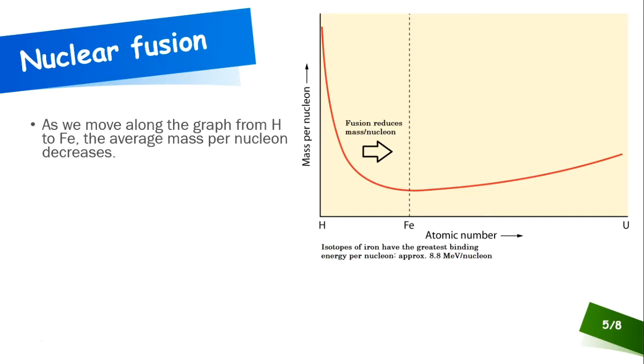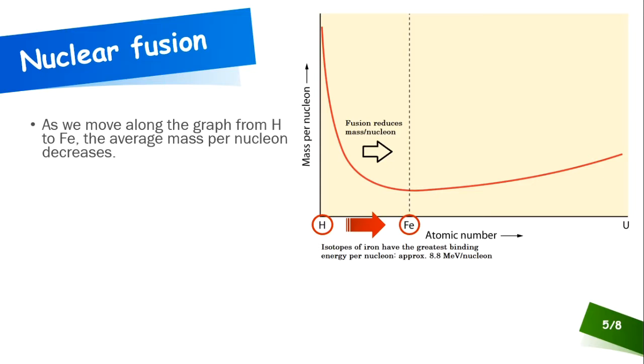After iron, things start to pick up a little bit, but you notice that it doesn't pick up anywhere near the levels that you get with hydrogen. With hydrogen, if we move closer to iron, the mass per nucleon is going to get reduced.